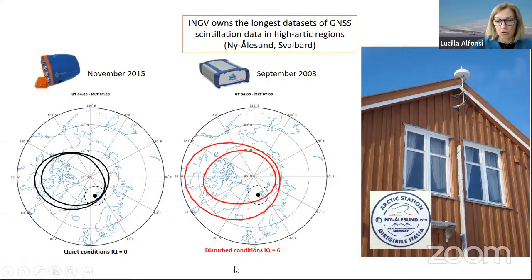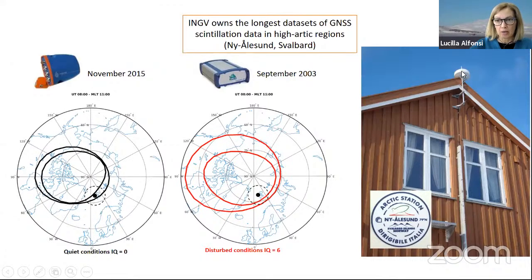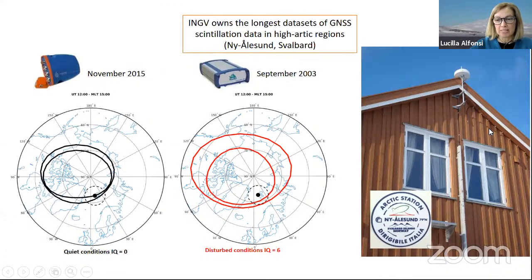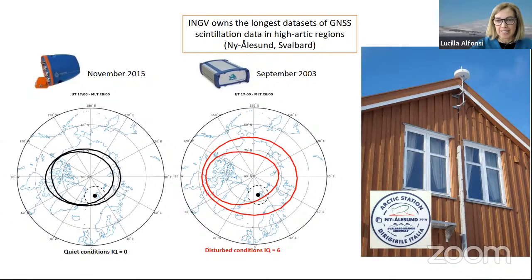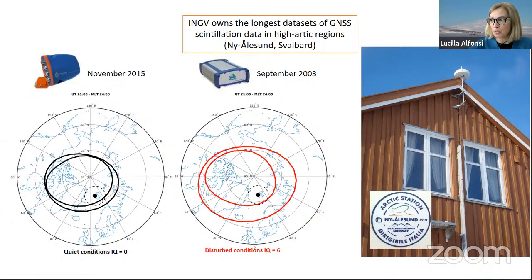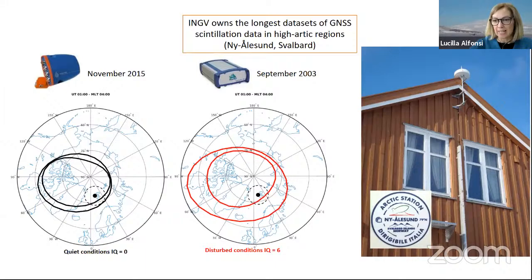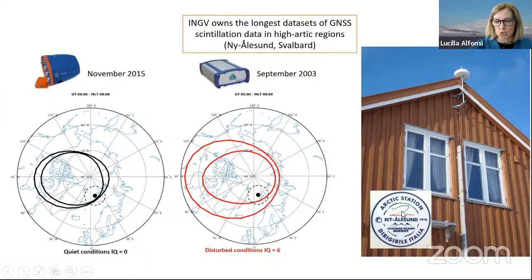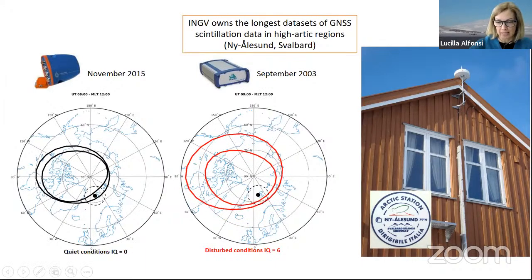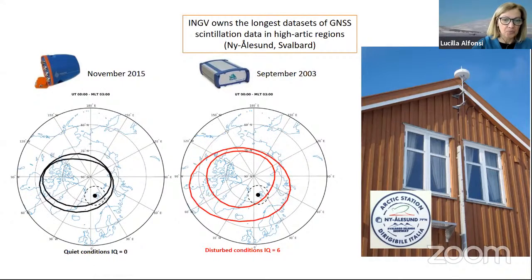This is the Ny-Ålesund location, our antenna, and what you are seeing, a nice Norwegian-style house, is the Italian base station that is called Dirigibile Italia in Ny-Ålesund.